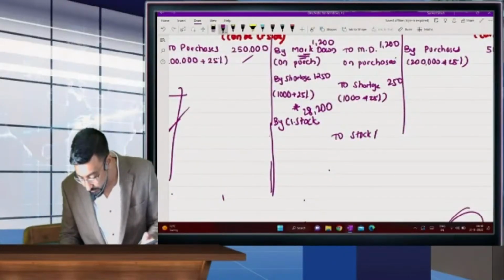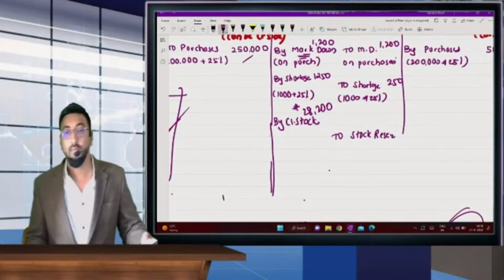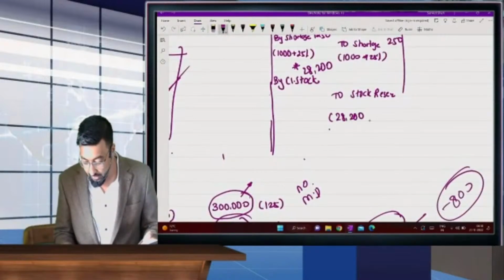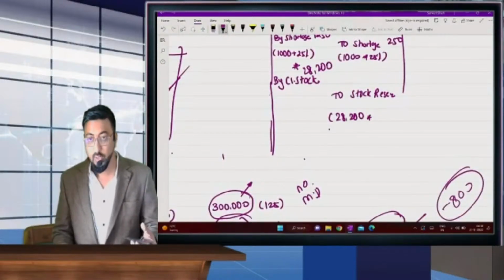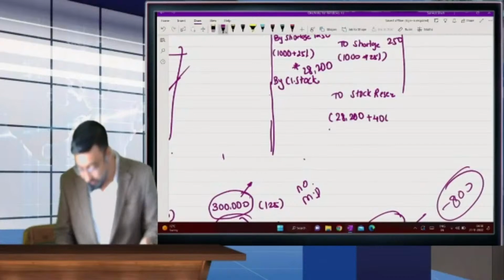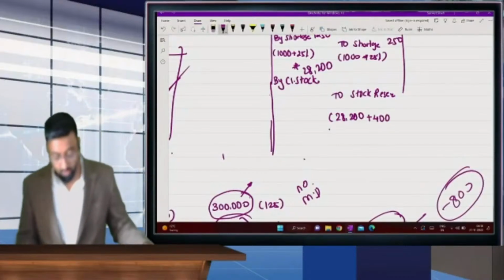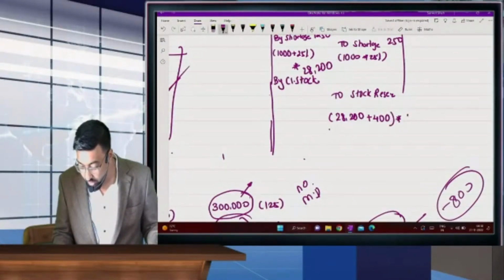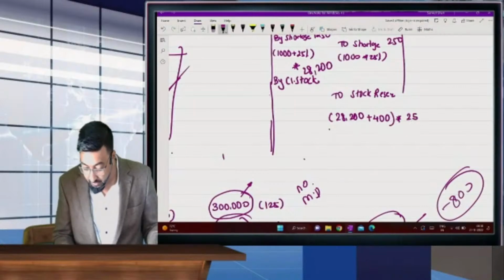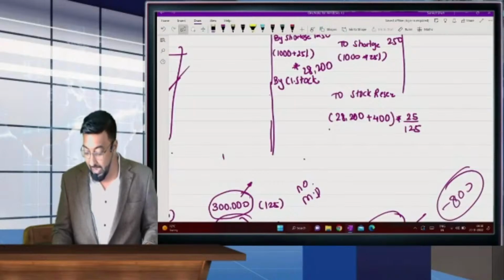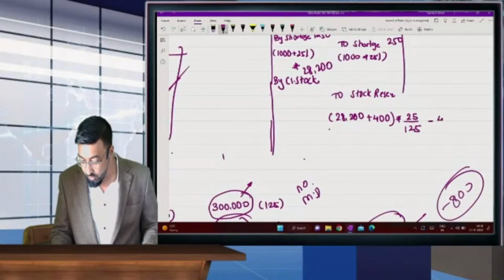And here you can show the calculation to stock reserve. Yes, do one thing. Balancing figure is closing stock 28,200. This is a closing balance. 28,200 plus 400. On this, you can calculate 25. This is at selling price, na? So my selling price is 125 and loading is 25, and minus I will do again 400.